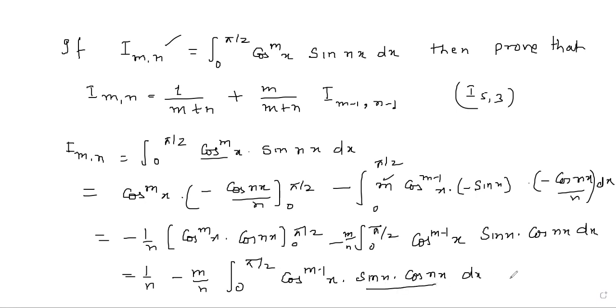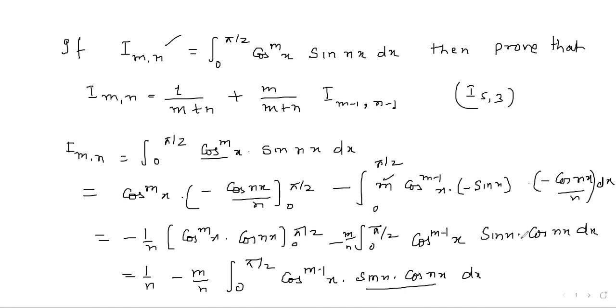Now we replace this by using the formula of sin (a minus b). So let's write sin (n minus 1)x. We evaluate it, so it will become sin nx cos x minus cos nx sin x.